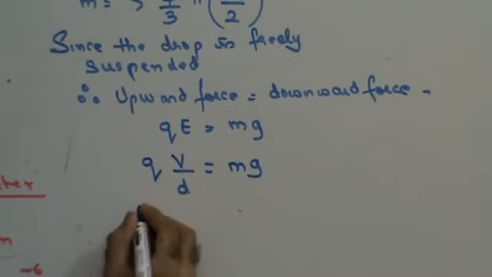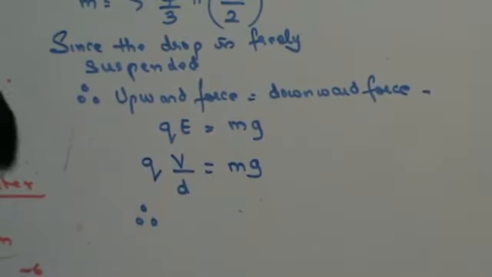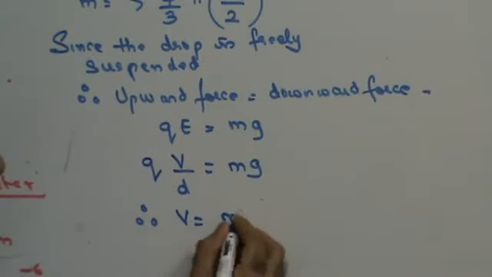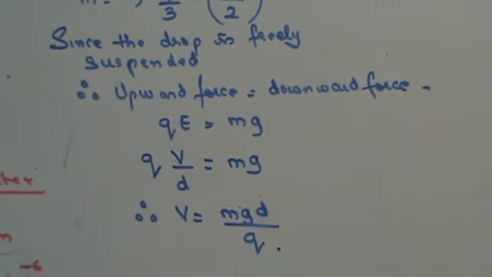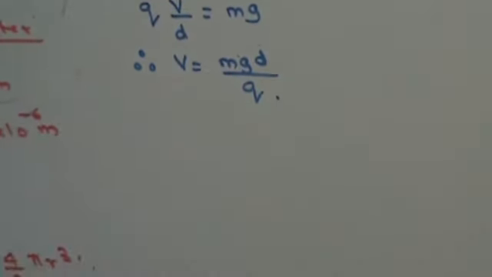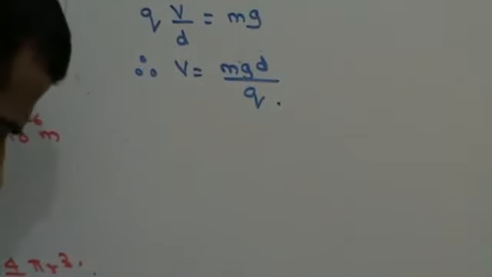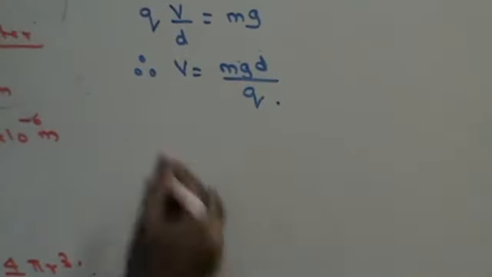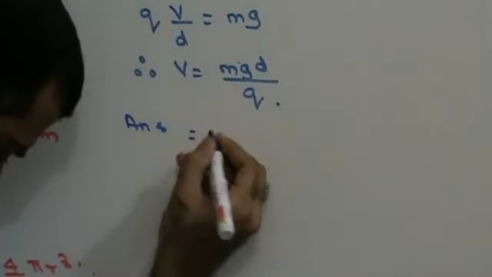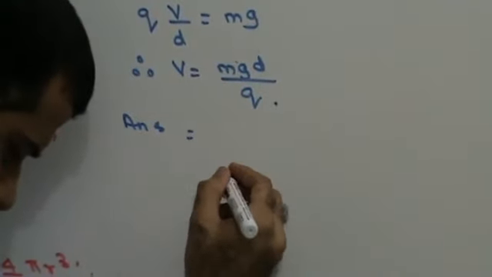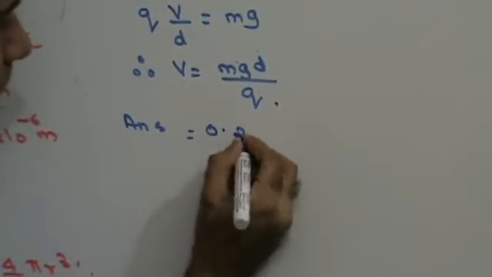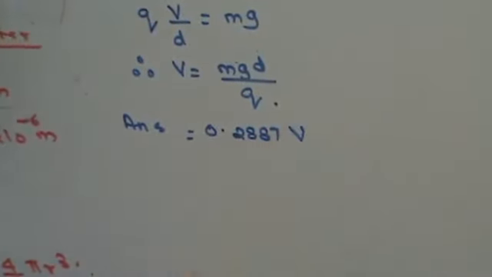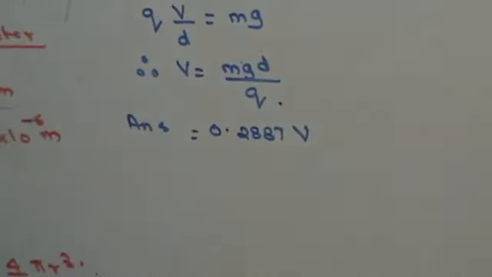They have asked you to calculate the potential difference. V is equal to mgd upon q. Mass you already found out before, g you know, distance you know. You should be able to get this answer. The answer for this sum should be 0.2887 volts. Let's see the last sum for the day.